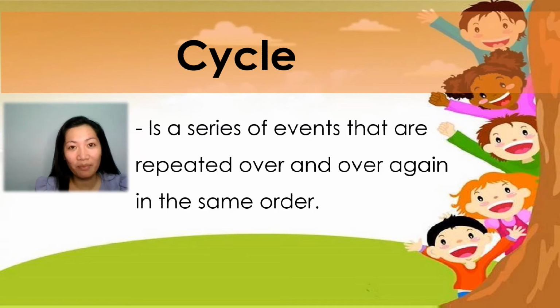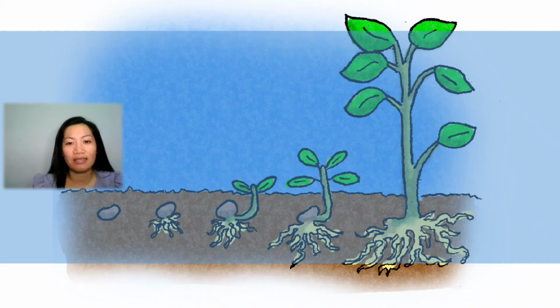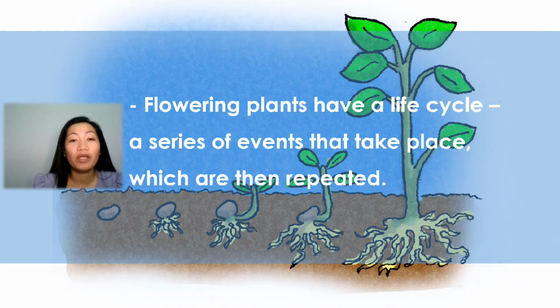Like for example, there is a life cycle of a butterfly. From egg, until it grows into a butterfly. Also, we have that in the flowering plants. So flowering plants have a life cycle too.